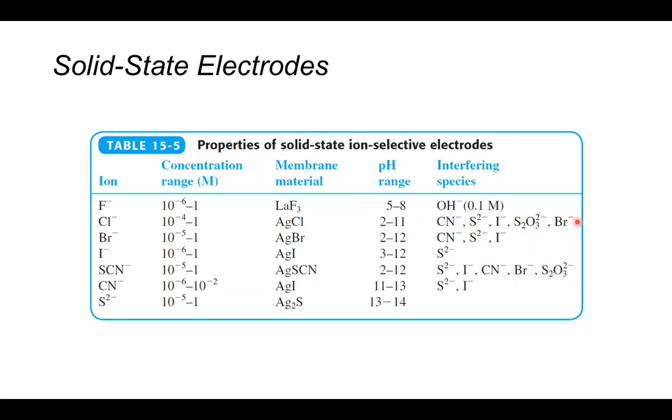But there are quite a few interfering species, and you'll see that most of these things interfere with each other. So it's kind of hard to measure them if there are multiple different ions present, and so we usually have to do something with our sample to remove those ions.